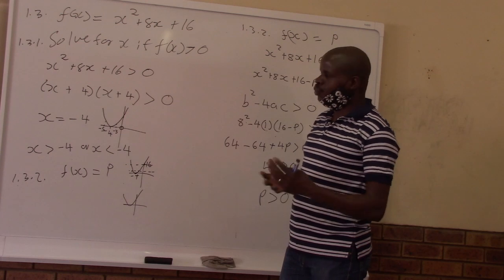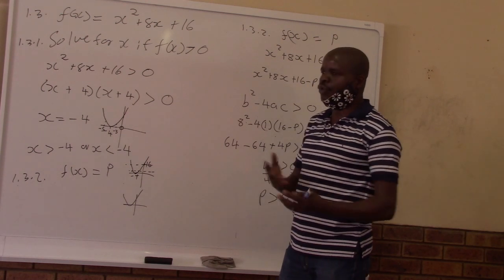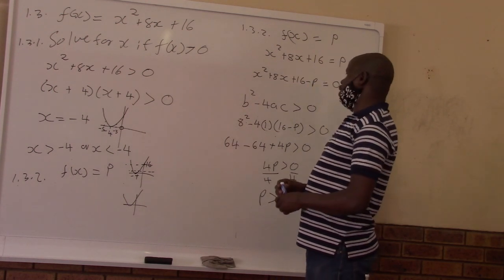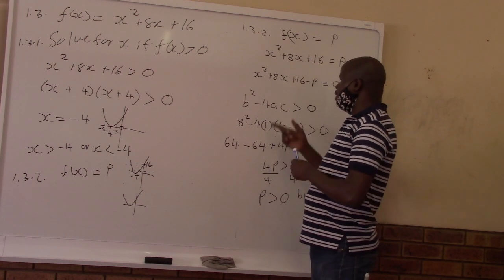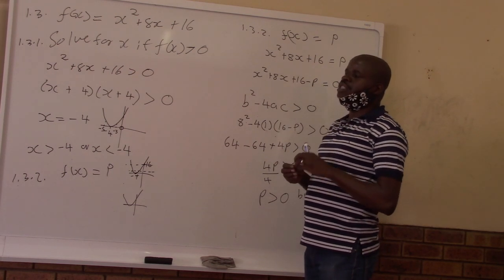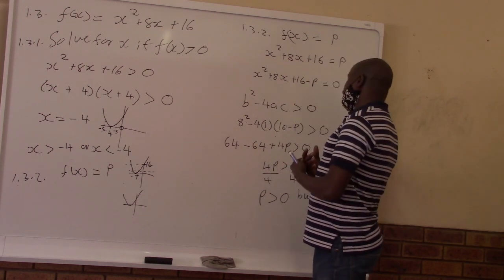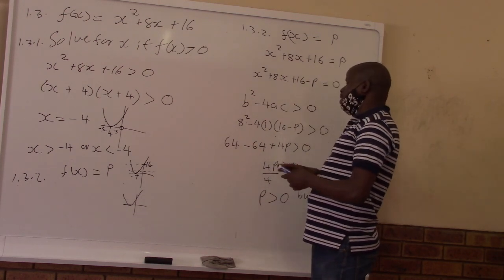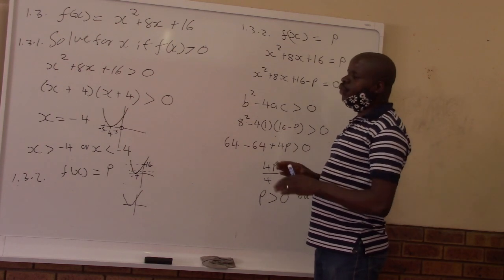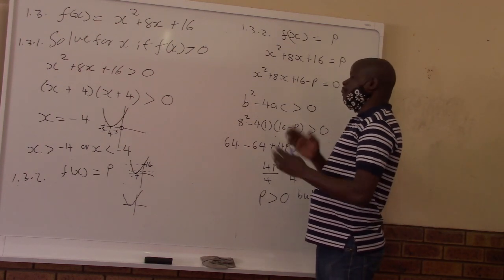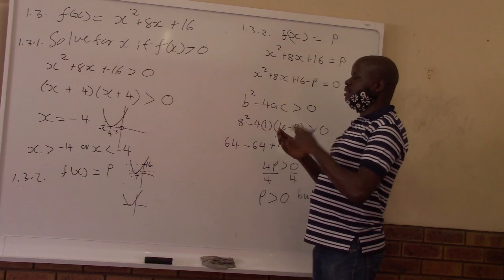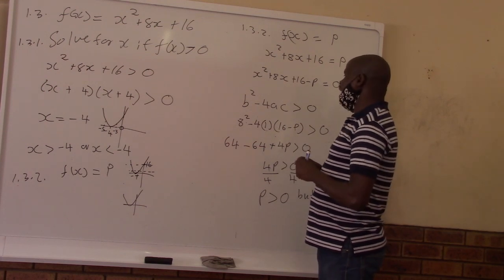Square numbers, we talk about 1, we talk about 4, we talk about 9, and stuff like that. So if the answer for the discriminant is a square number, then the roots are not equal, but they are rational. But if the value of the discriminant is a non-square number, but positive, it means that the roots are not equal and they are irrational.